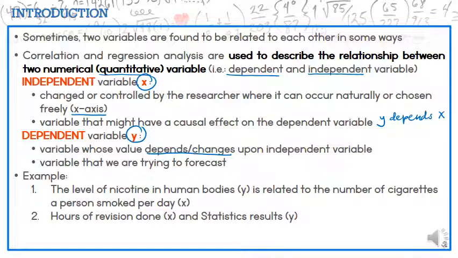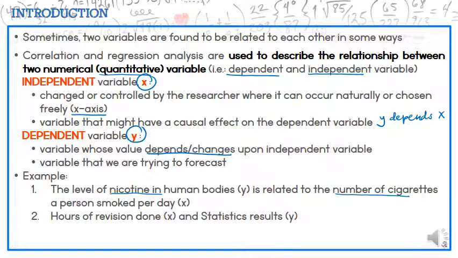We have the level of nicotine in human bodies is related to the number of cigarettes smoked. So logically, the level of nicotine will depend on how many cigarettes you smoke.